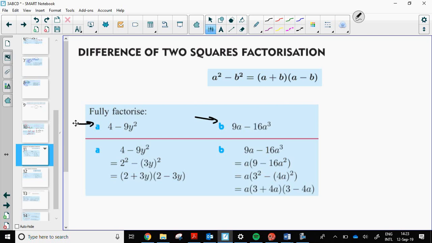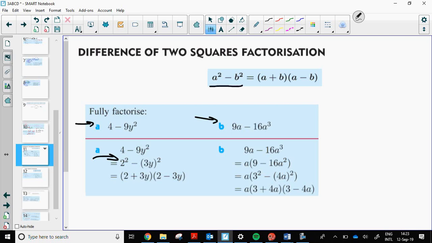So let's look at this first one. Do you recognize that 4 is something squared? 2, right? Do you recognize that 9y squared is also something squared? 3y squared, right? That's what we've got written down on that line. That means we have a difference of two squares.